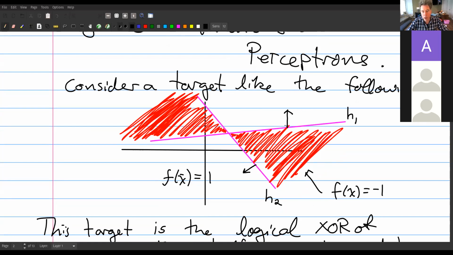So this red region here is inside the H1 half space and inside the H2 half space. So this is actually the logical conjunction of H1 and H2, but that's fine. You can't represent that either.